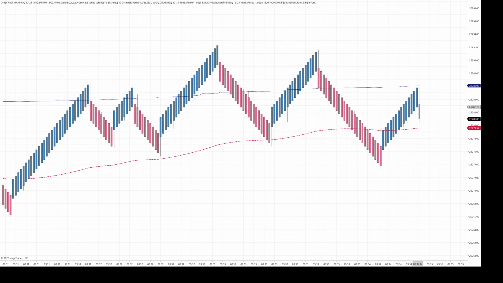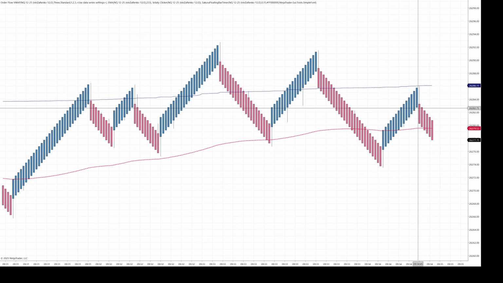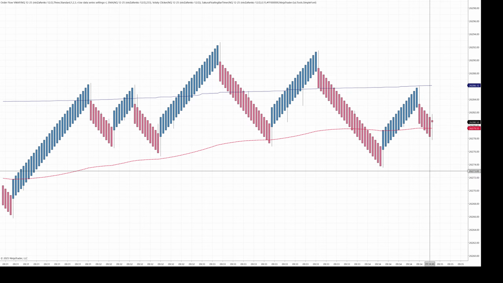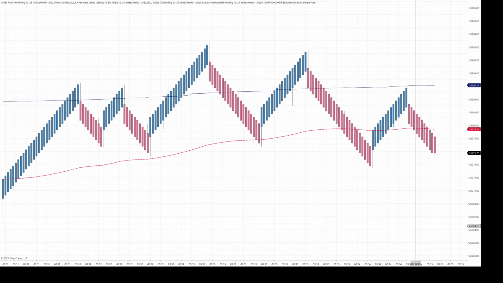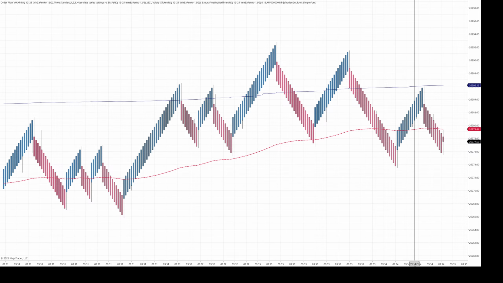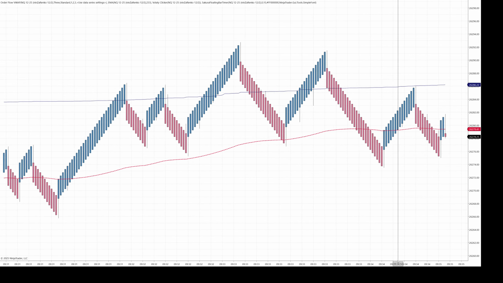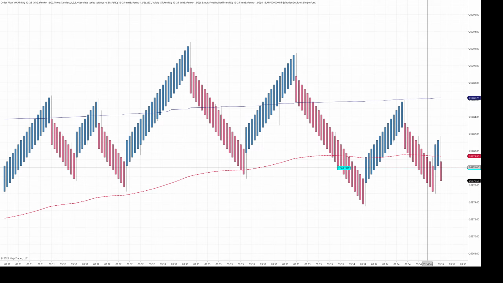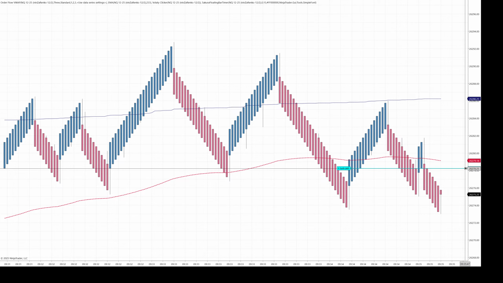This would be the reversal trade here, but we have the T line right there, so I didn't take this one. This would have been the, guys, it's happening so fast.